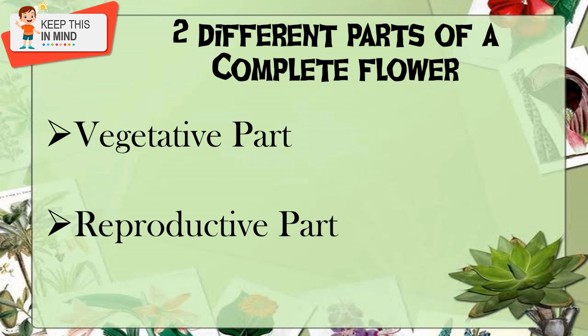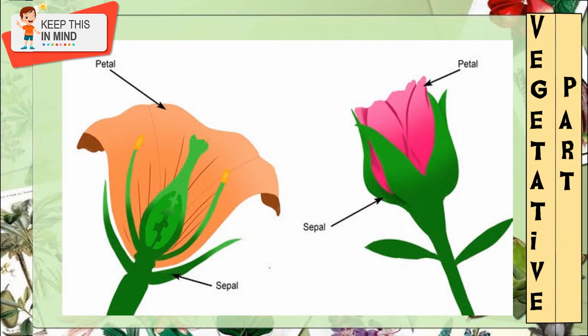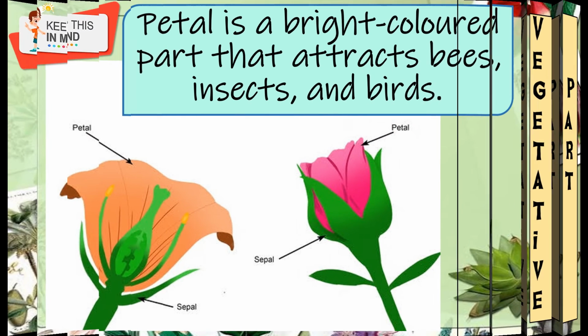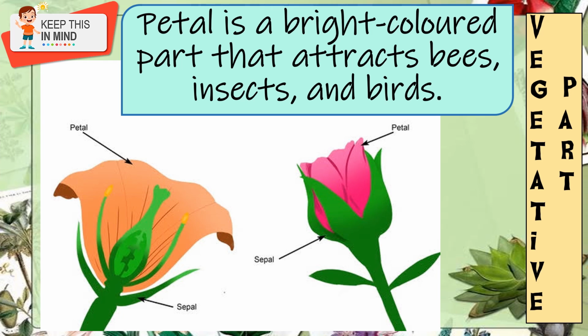There are two different parts of a complete flower: the vegetative part and the reproductive part. The vegetative part of a complete flower consists of petal and sepal. Petal is a bright colored part that attracts bees, insects, and birds.